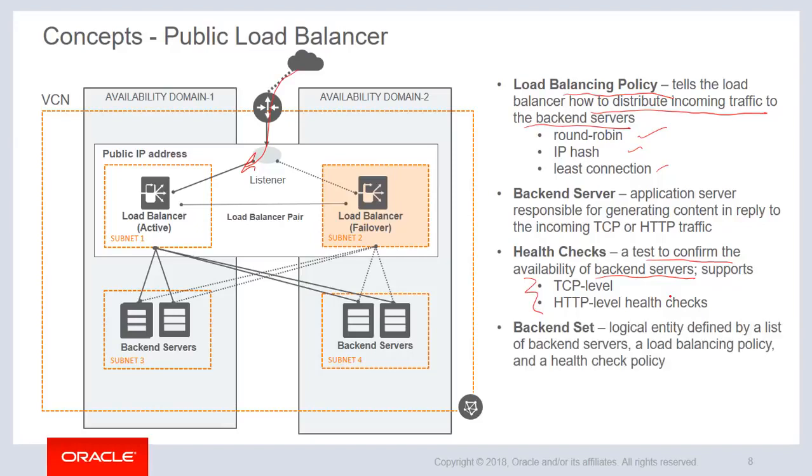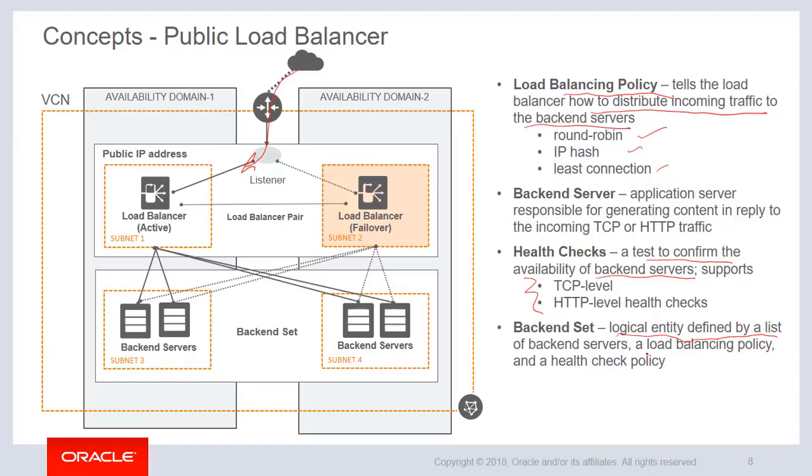And of course, to make things simpler, we combine all the backends into something called a backend set, a logical entity where we combine all these backends. We slap a load balancing policy on that and a health check policy, and then we consider that as one unit where we can send traffic, right?